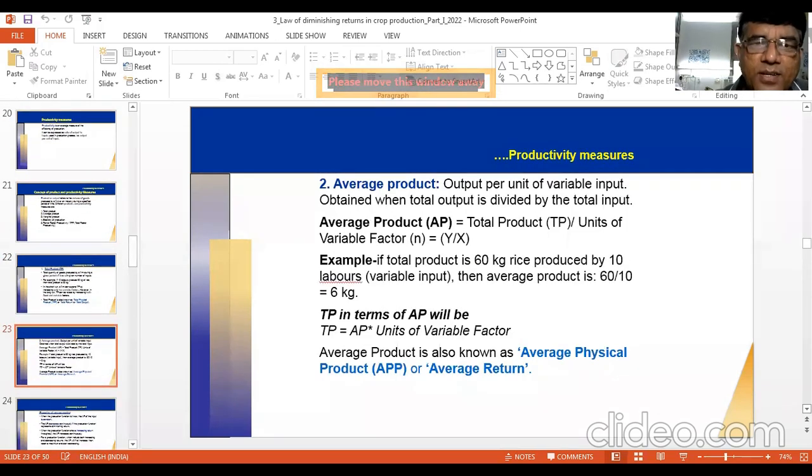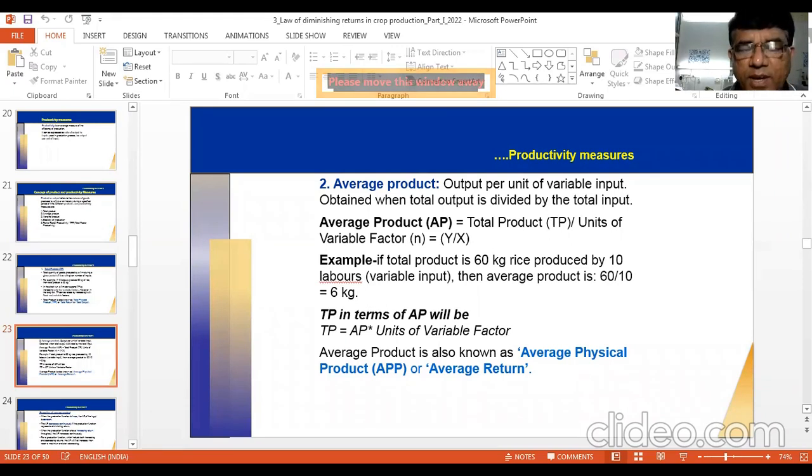Now, average product: output per unit of variable input, obtained when total output is divided by total input. Average product is equal to total product TP divided by units of variable factor, Y upon X. For example, 60 kg of rice is produced by 10 laborers.